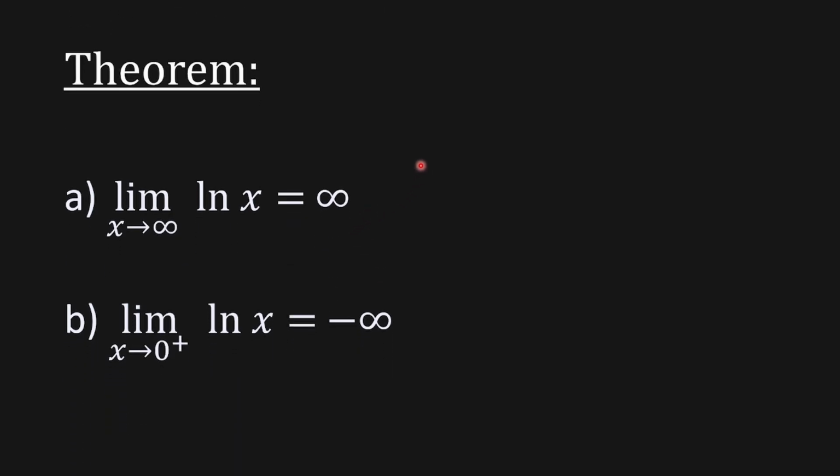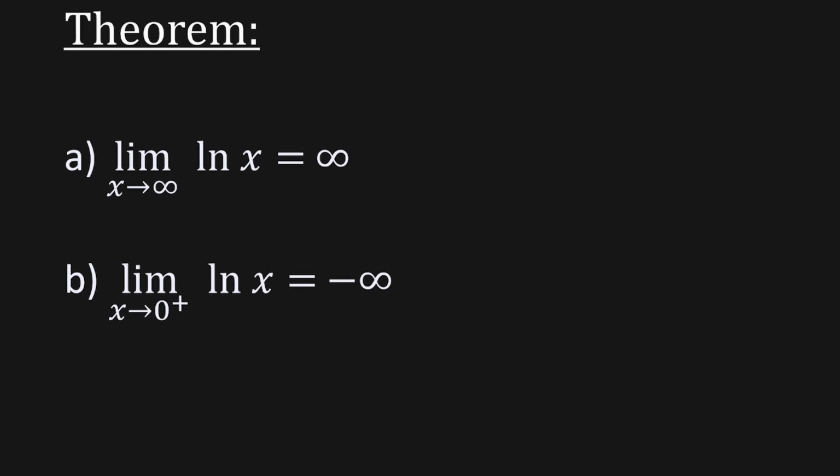Alright, next two theorems. The limit as x approaches infinity of ln x is equal to infinity, and the limit as x approaches 0 from the right hand side of ln x is equal to negative infinity.